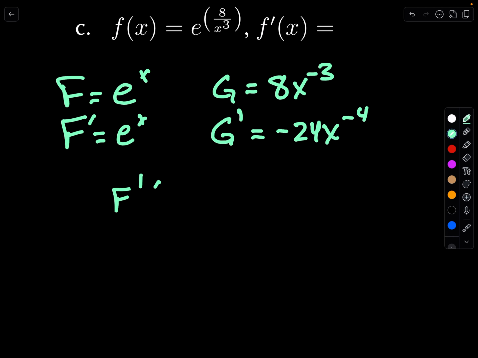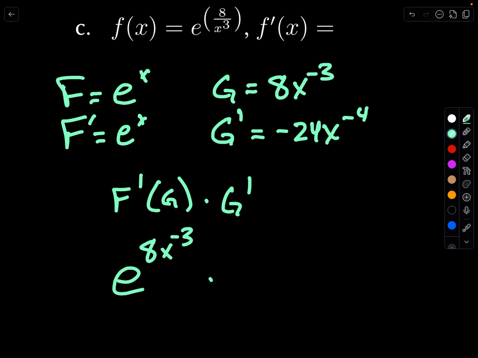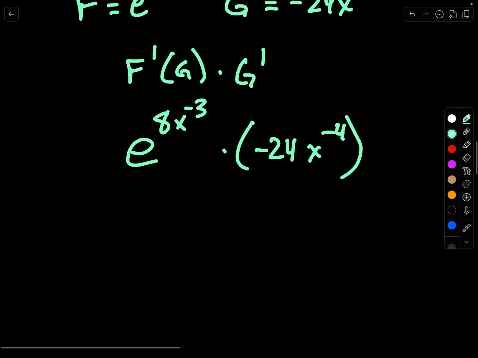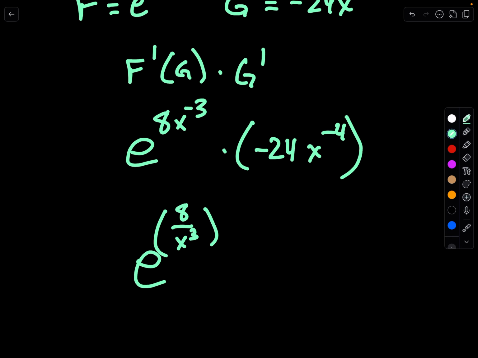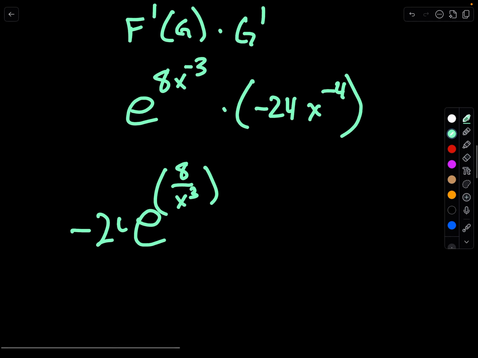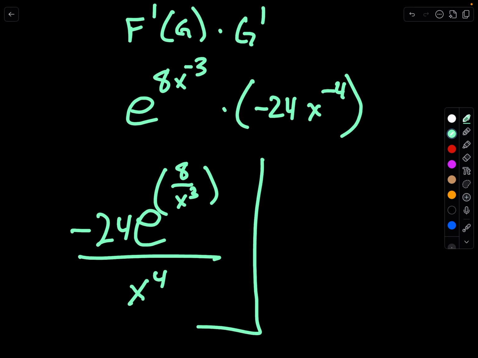So f prime evaluated at g times g prime is going to be e to the 8x to the negative third times negative 24x to the negative fourth. Let's clean this up a bit. This will be e to the 8 over x cubed. And then the negative 24 I'll put there. And then the x to the fourth I'll put down there for that x to the negative 4.